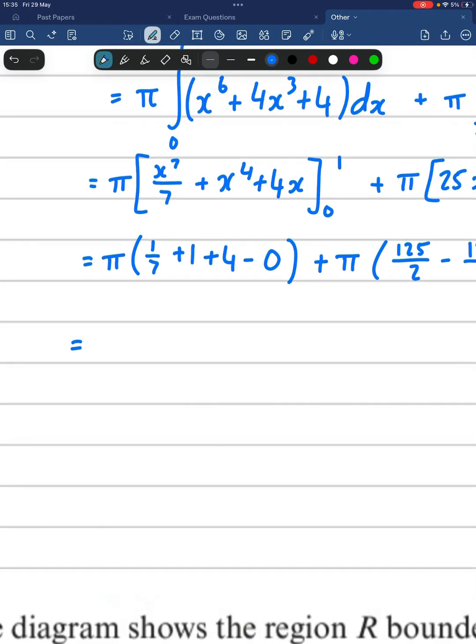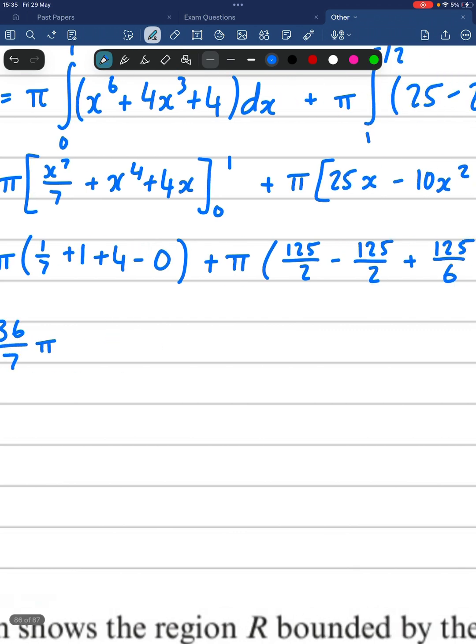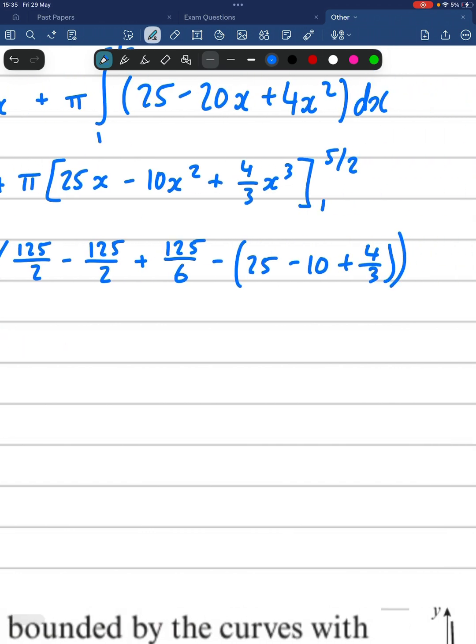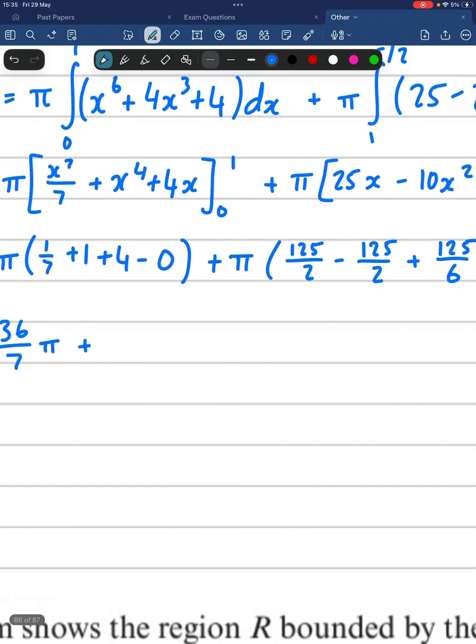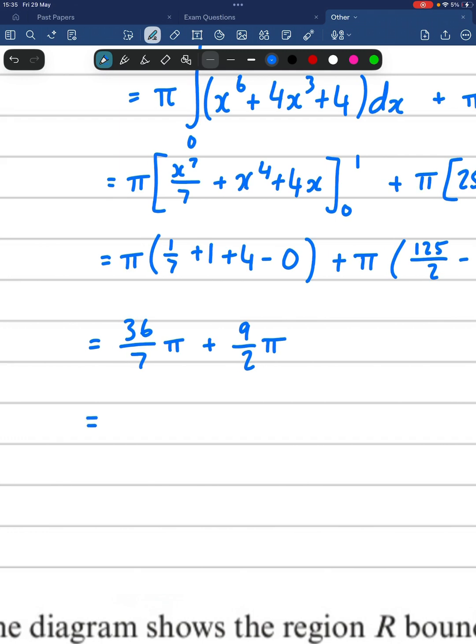This first one becomes 36 over 7 pi, and then we add it to 9 pi over 2, which gives a total volume of 135 over 14 pi units cubed. That's the area, meant volume.